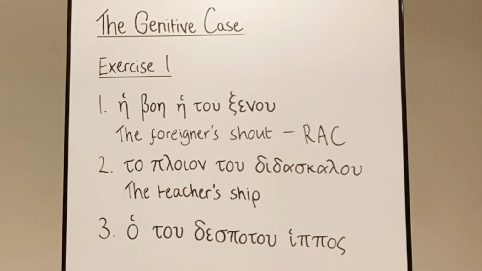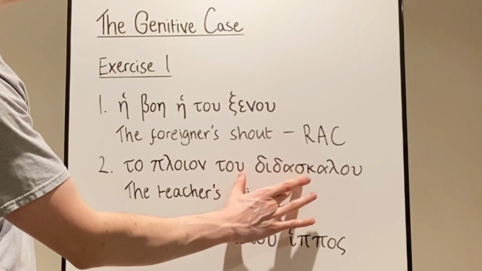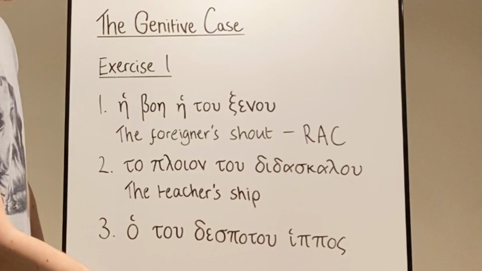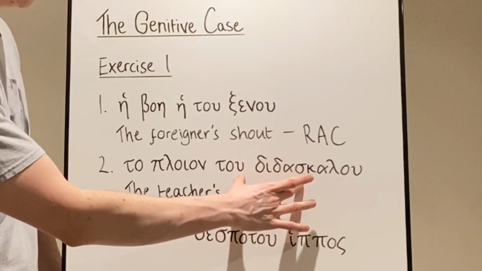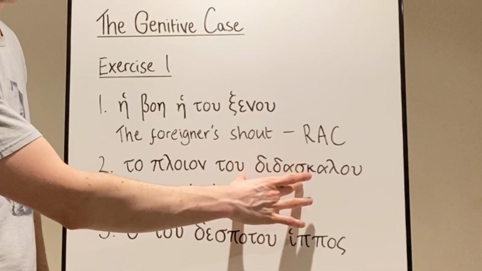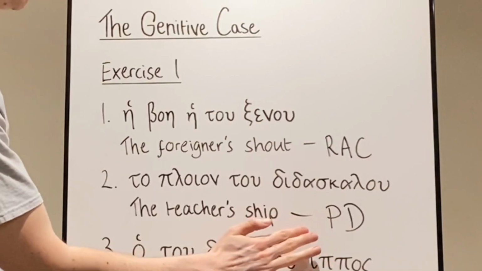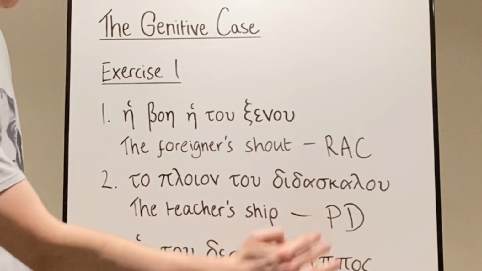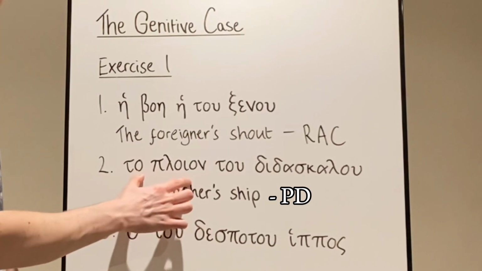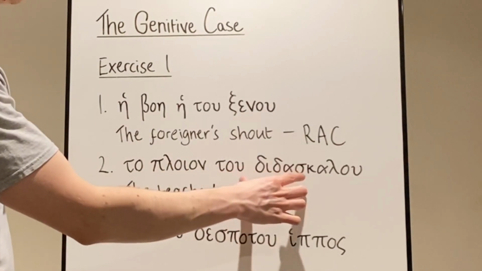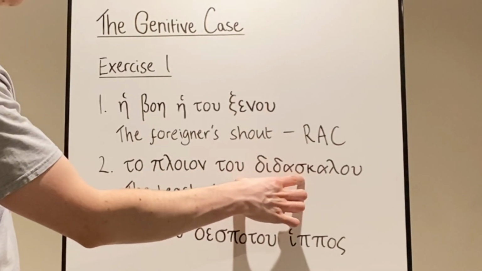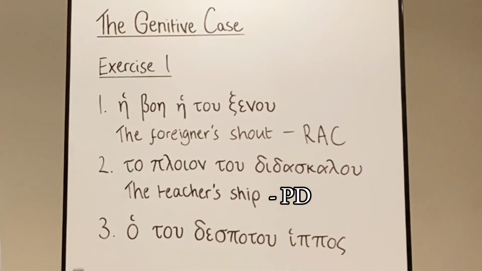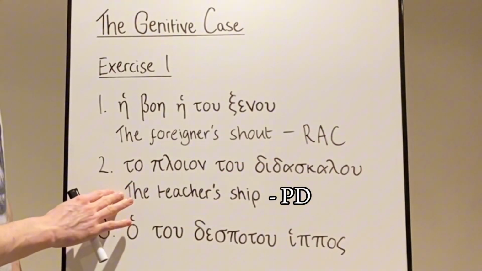And therefore we have the plain deployment of the genitive here. This genitive phrase, tou didaskalou, has simply been added into the sentence. And therefore I have put PD there for plain deployment. We've got one nominative phrase here, the ship, and a genitive phrase here, of the teacher. In natural English, the teacher's ship.